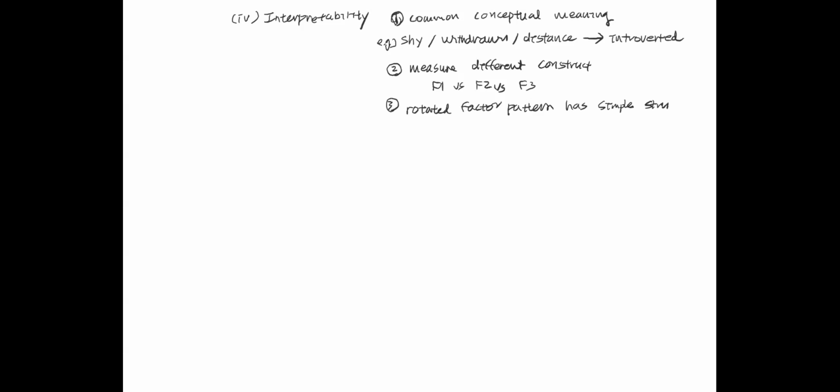We learned why we rotate the factor analysis model: the reason is purely for interpretation, so interpretation is easier. So interpretability is another consideration when you decide the number of factors.